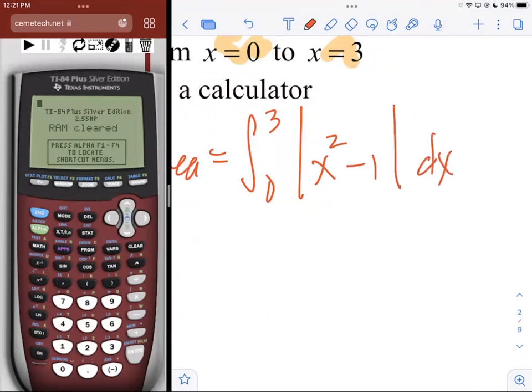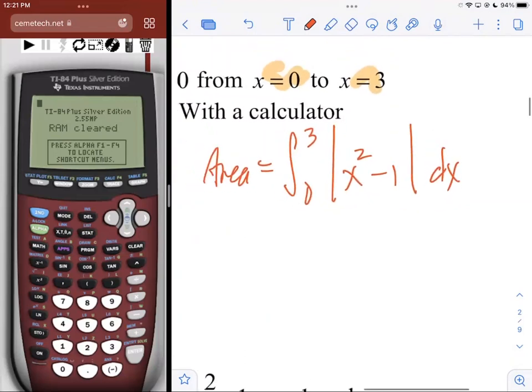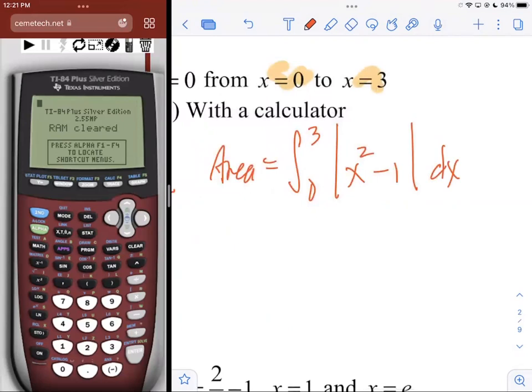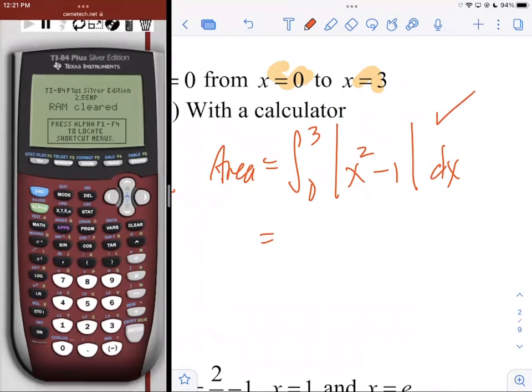Boom. And then take dx, right? So again, we're taking the absolute value of the integrand, not just the absolute value of the answer. That makes it all positive first. And that would give you a check for the setup. And now we go to the calculator. And remember, how do we get the integral to show up? Math 9.